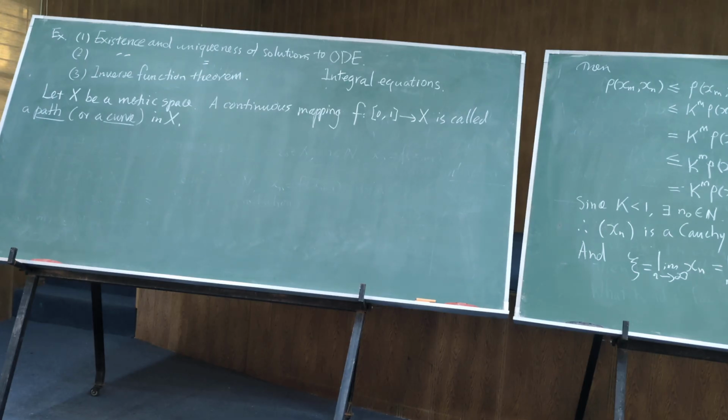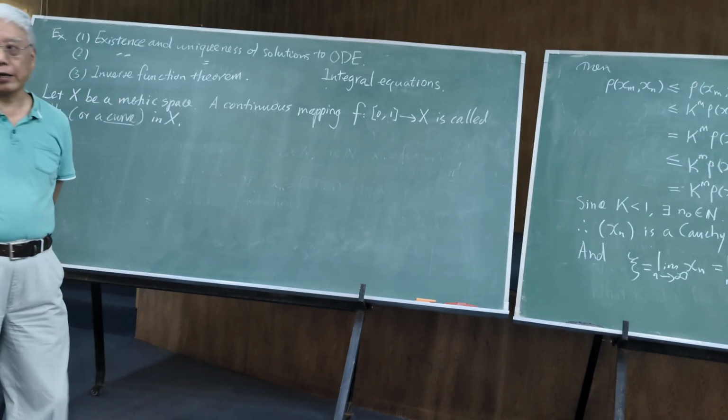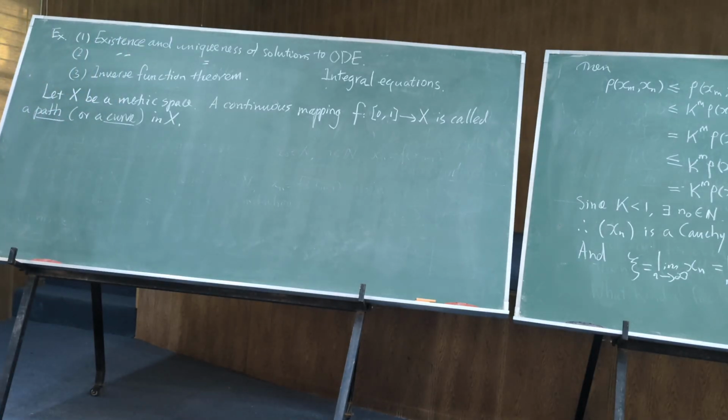If we don't give a direction in the closed interval [0, 1], we cannot say that this is the initial point and that is the final terminal point. We don't want to talk about that. It's a path connecting f(0) and f(1). If f(0) and f(1) are equal, then we call it a circuit.